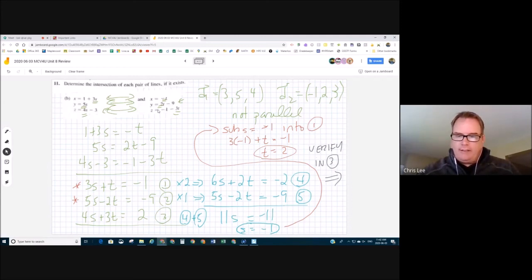So x is going to be -t. So that's -2, which is obviously -2. Y is 2 times t minus 9. So 2 times 2 minus 9 is 4 minus 9 is -5.